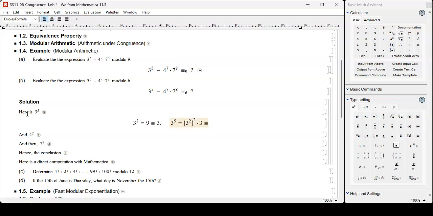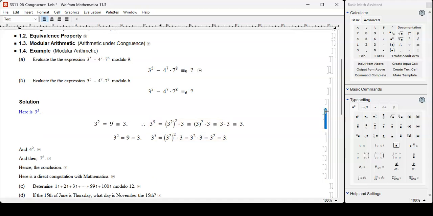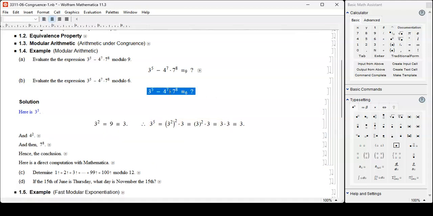So 3 squared is back to 3, so that's 3 squared times 3, and 3 squared is back to 3, so that's 3 times 3, so 3 squared back to 3. Is that what you're getting? Yeah, back to 3.